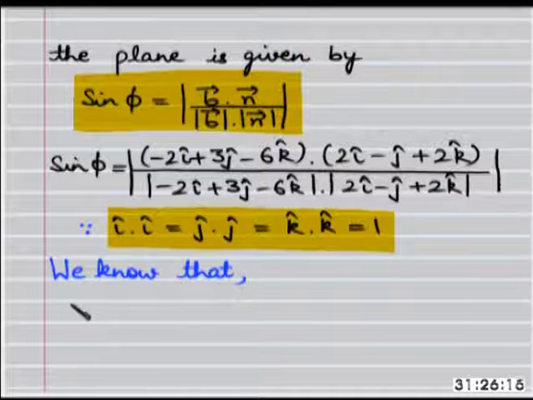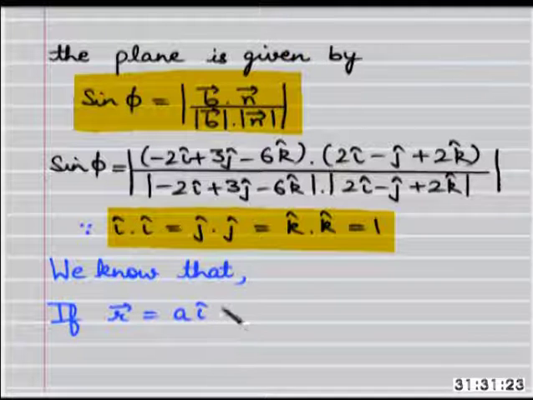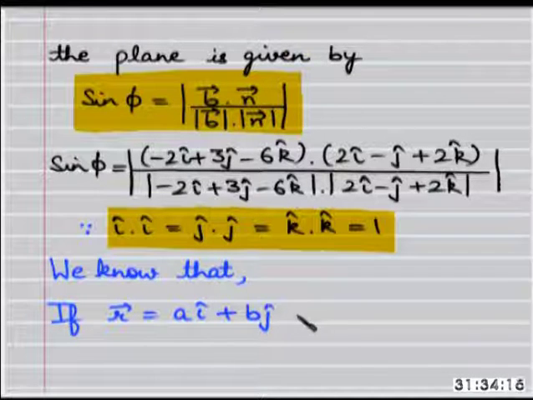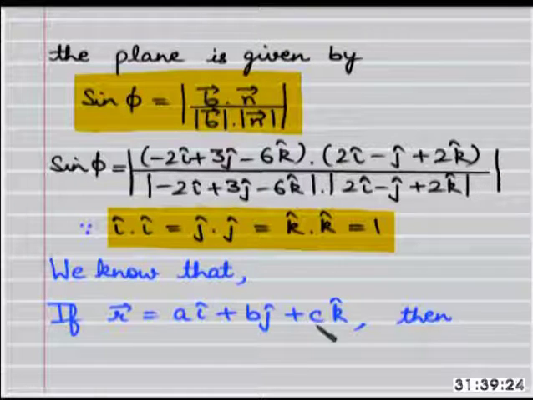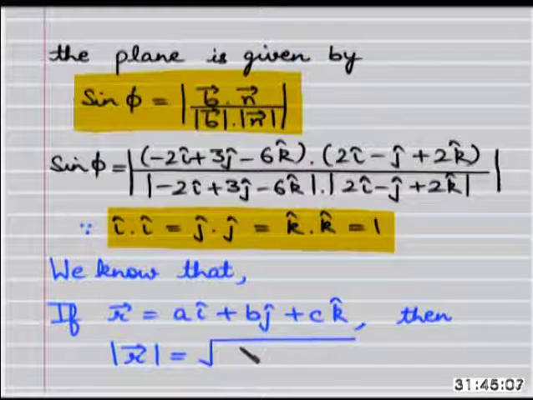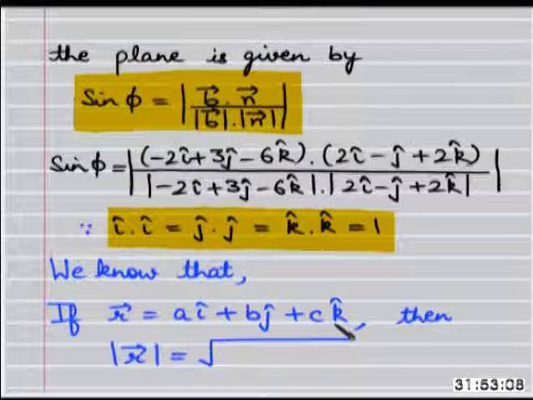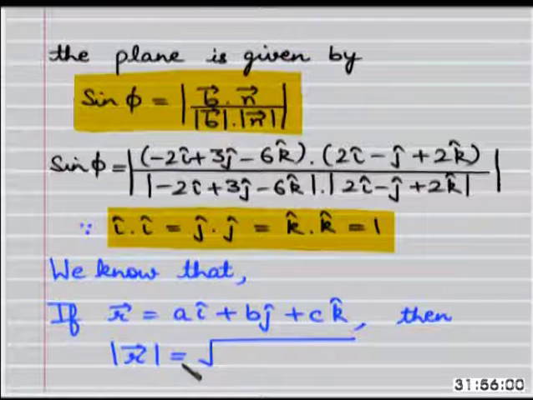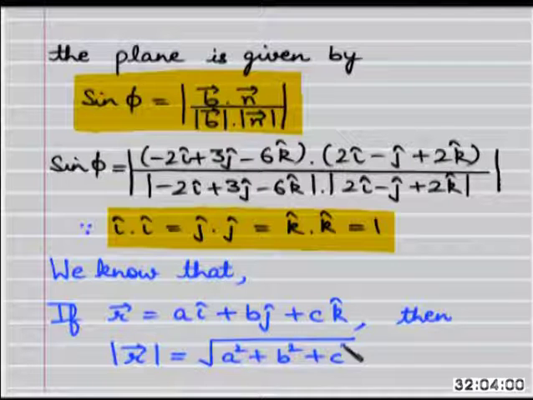We know that if vector r is equal to a into i cap plus b into j cap plus c into k cap, then magnitude of vector r is equal to square root of sum of squares of the coefficients of i cap, j cap and k cap, that is magnitude of vector r is equal to square root of a square plus b square plus c square.